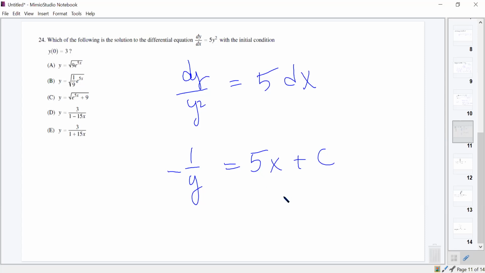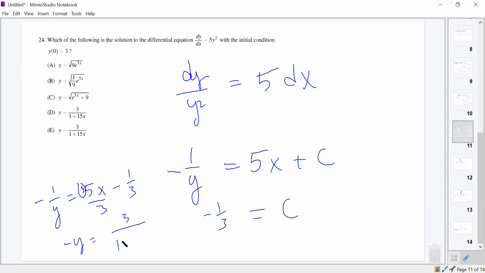And then we'll plug our values in. X is 0. Y is 3. So we get a constant of -1/3. We have -1 over y equals 5x minus 1/3. And probably the easiest thing to do here is get a common denominator there. Multiply by 3 over 3. So we can then flip it. So we have -y is equal to 3 over 15x minus 1.